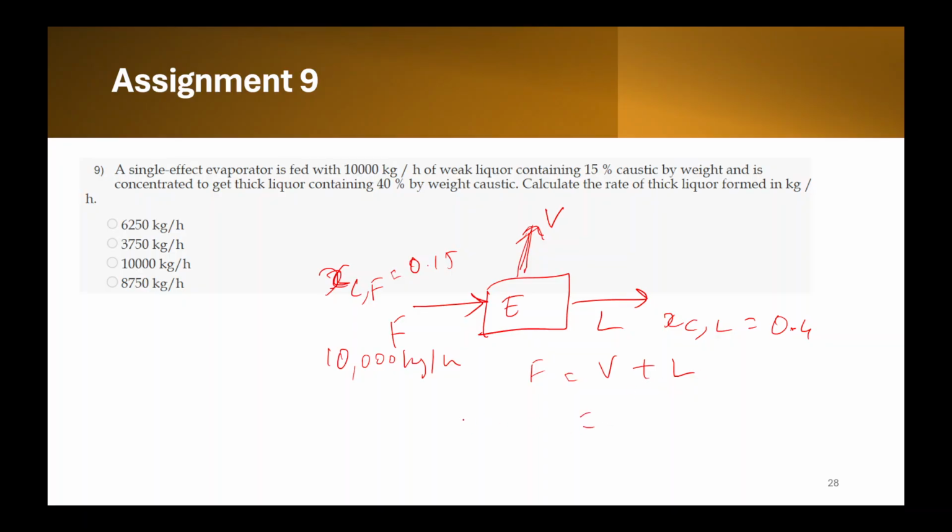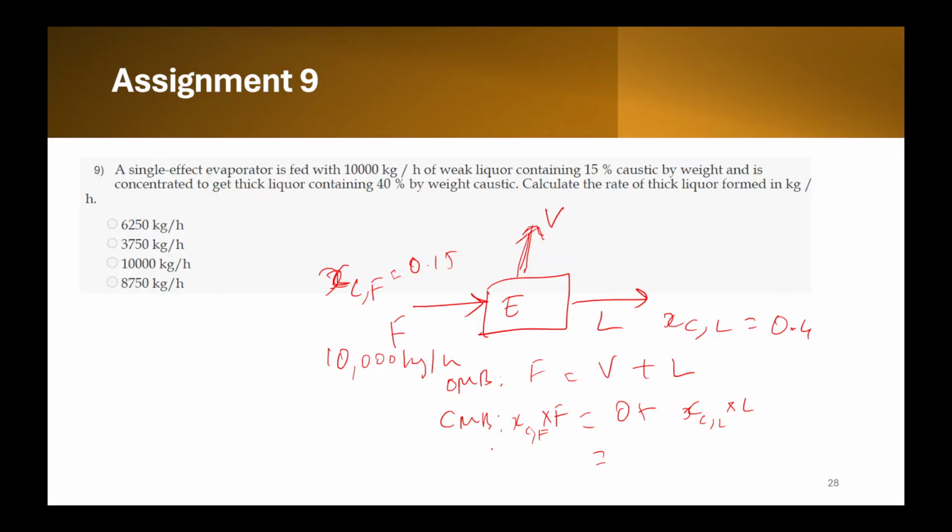This is OMB. And another component material balance equation in terms of caustic, we can get XCF into F, there will be no component in V, so this is 0, plus XC,L into L. So after solving this, you can get it.